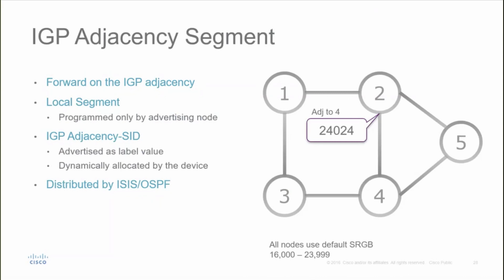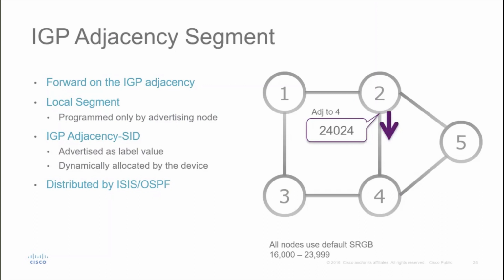The semantics of that label will be: if I receive traffic at 2 with the label 24,024, I'm not going to do an IP lookup. I'm not going to look at the shortest path of anything. I will simply pop the label and push the traffic on the interface to 4. That is what an adjacency segment will do.